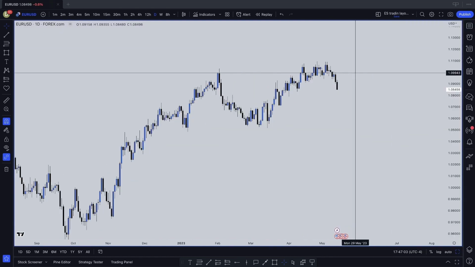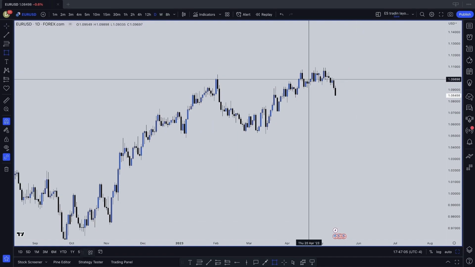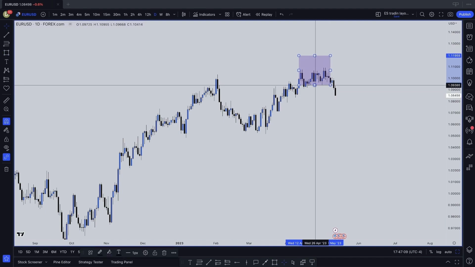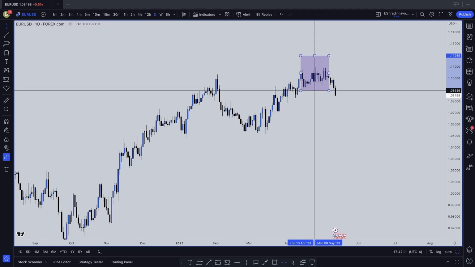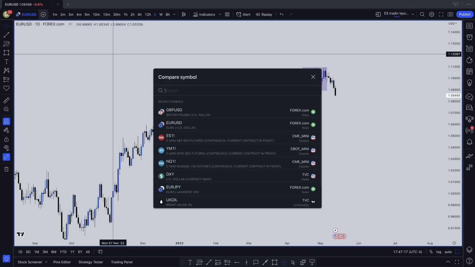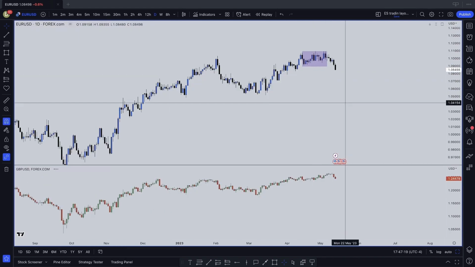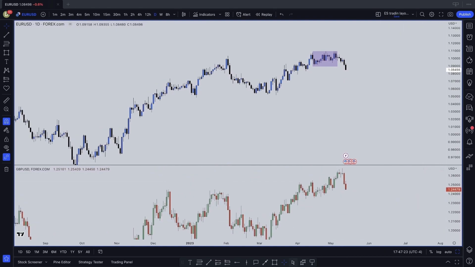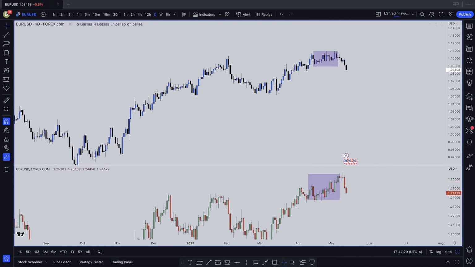So taking a look at the euro here, looking at this consolidation that we're in, this is the price action we'll be primarily focused in, is when we were inside of this higher time frame daily consolidation. And let's overlay that with pound. So here's a quick down and dirty way to get a bias in the cross pairs using the currencies that make up that cross.